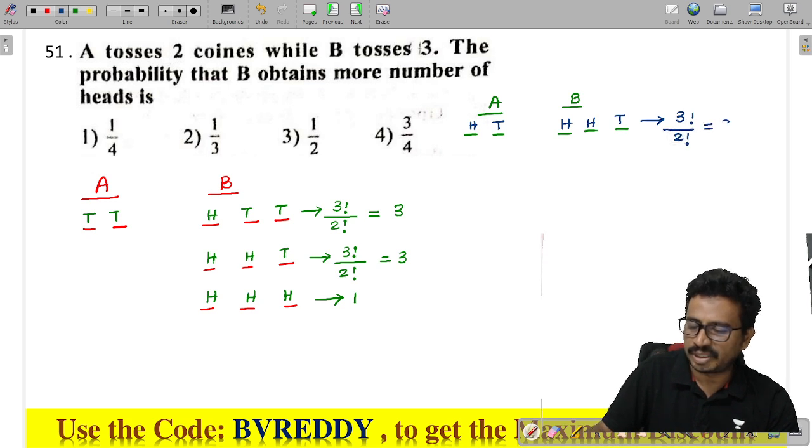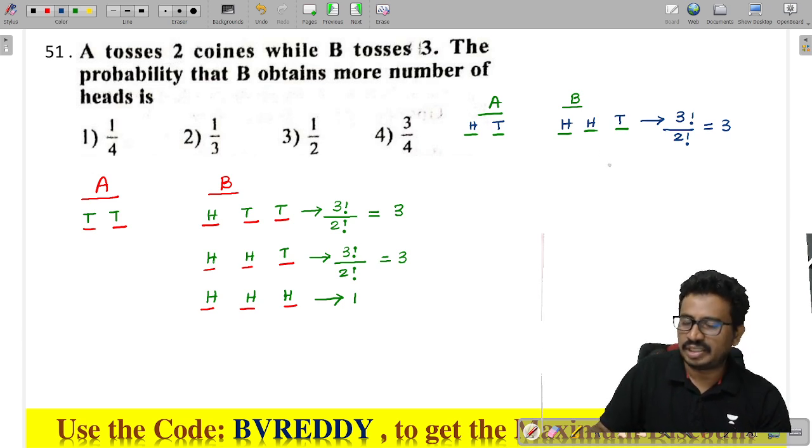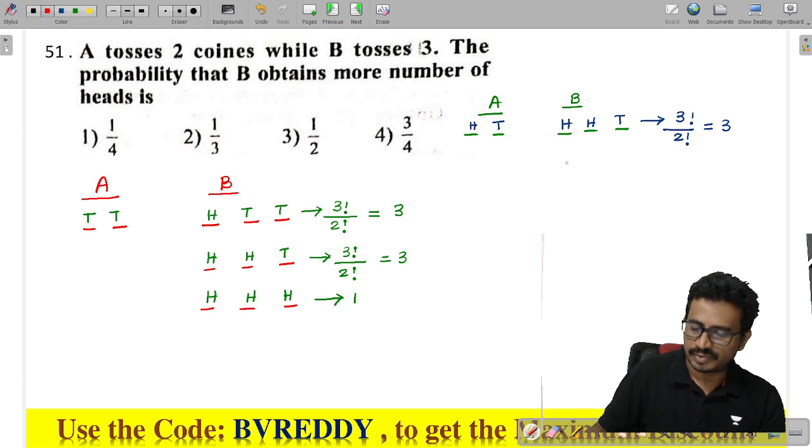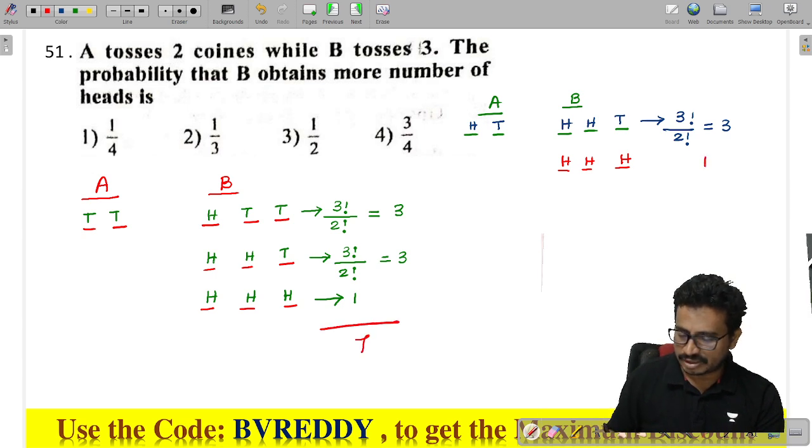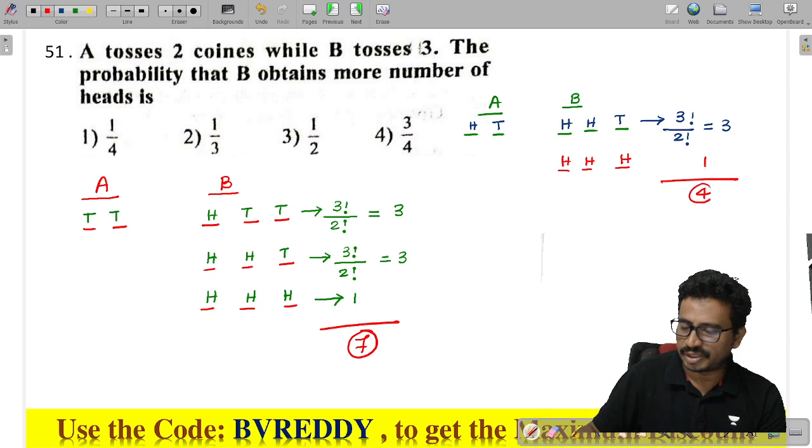That means 3 ways. Next, does any other combination happen or not? In these cases, if B gets all heads, that is also acceptable. Now tell me, 1. So here, this is the 7 combinations, and here we have 4 combinations.